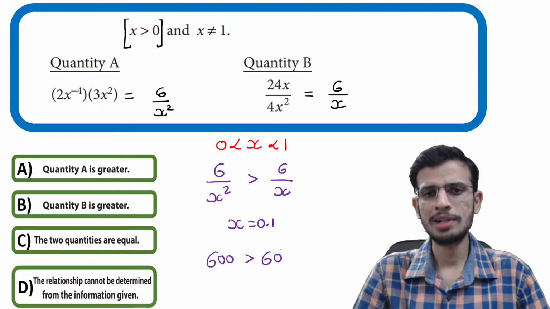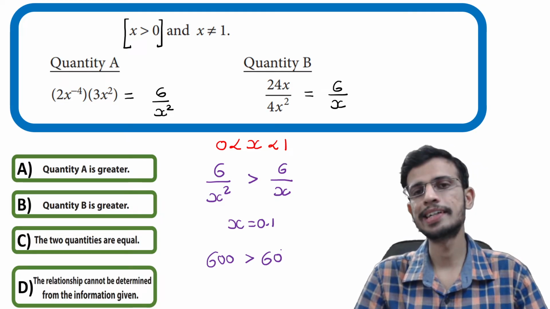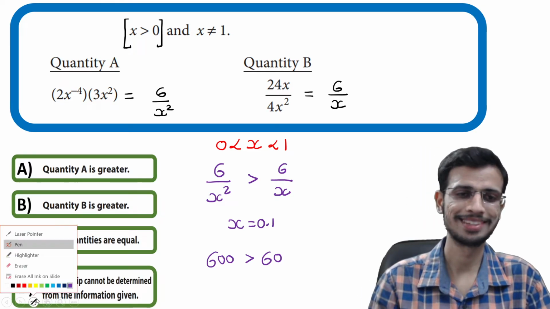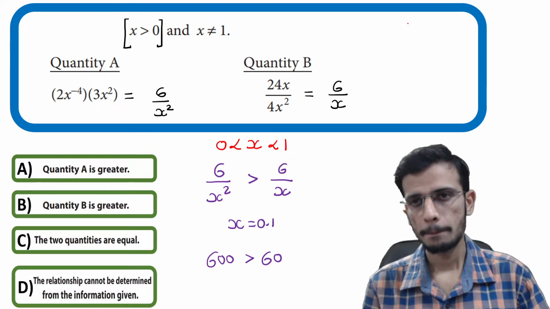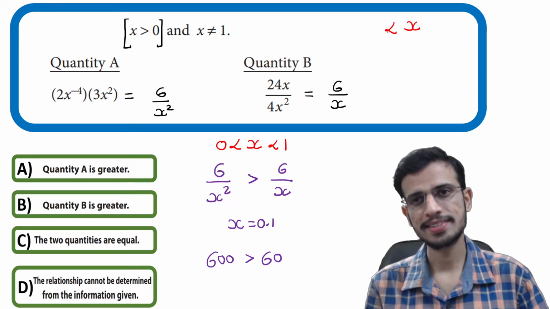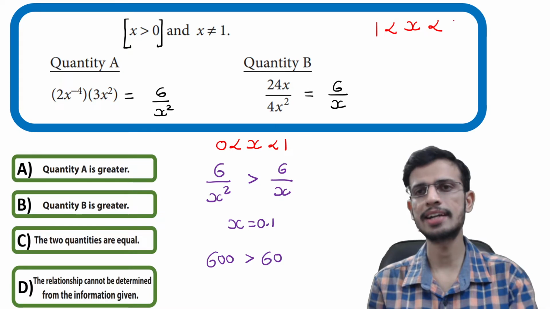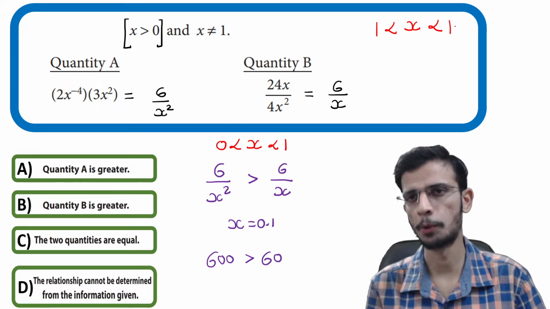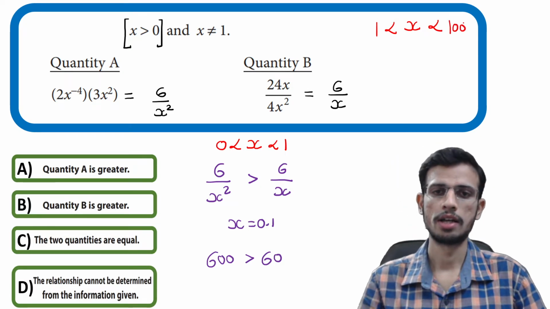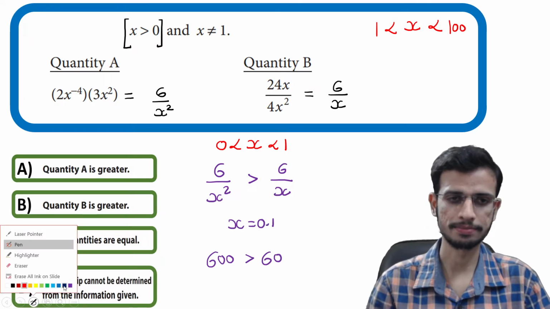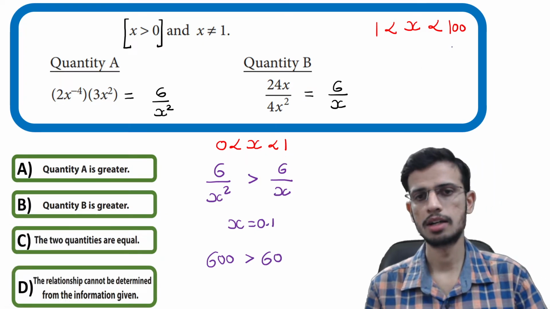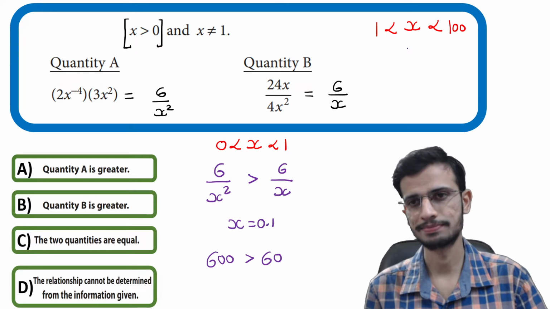So you will say, sir, quantity A is greater than quantity B. But no, it's not true if you put a value of x in this other range. Let's assume x equal to 6.